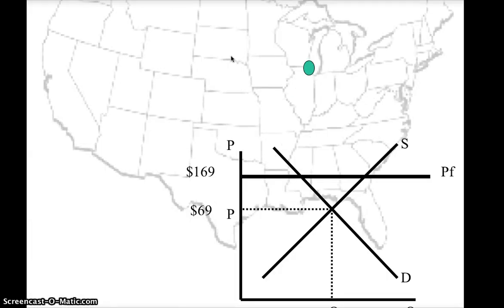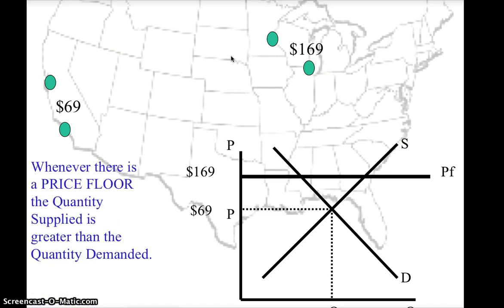So let's look a little deeper. Whenever there's a price floor, the quantity supplied is greater than the quantity demanded. So let's look at that in depth. At $169, of course, the airlines love that price. They are willing to supply lots of seats at $169 because there's a profit incentive.